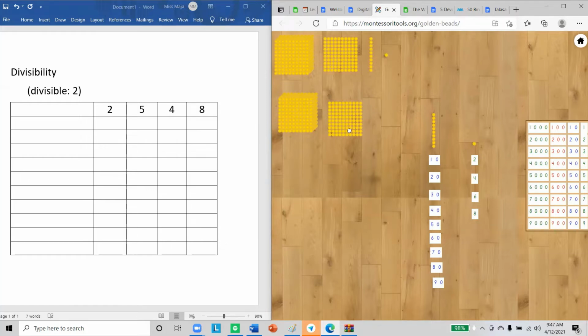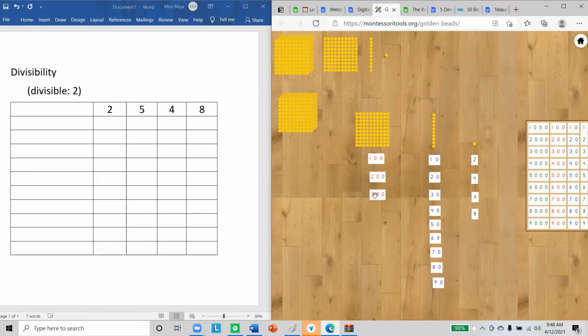Okay, let's move on to our hundreds. Is 100 divisible by 2? 100 divided by 2 is 50, and if you add 50 and 50 you get 100. So it's the same pattern, but this time it has a 0.